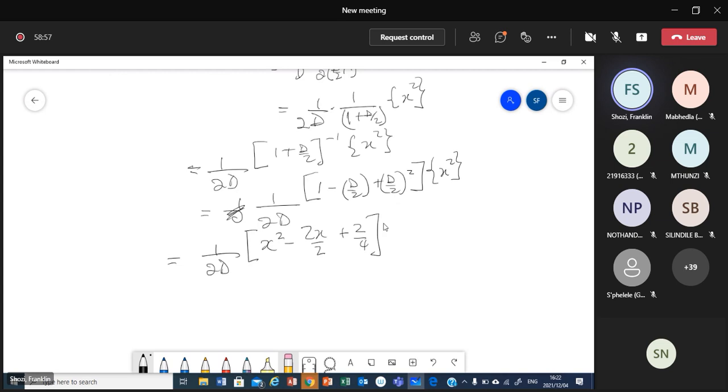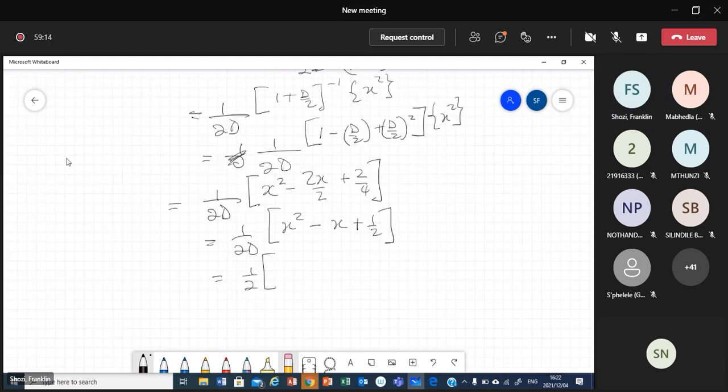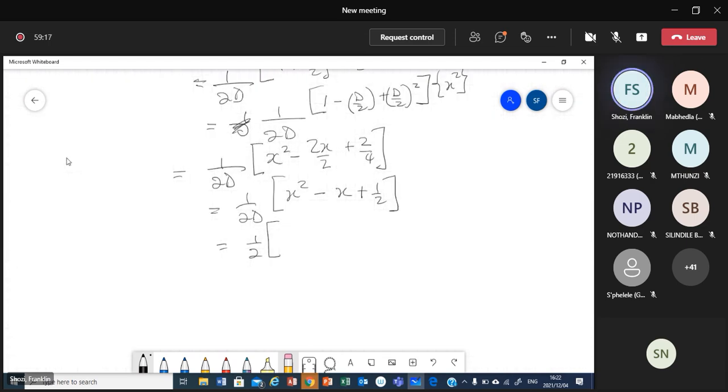That gives us 1 over 2D into x squared minus x plus half. Then what is 1 over D? It means integrate. The integral of x squared will be x cubed over 3. Integral of x is x squared over 2. Integral of a constant with respect to x is x over 2. And this is your final answer.